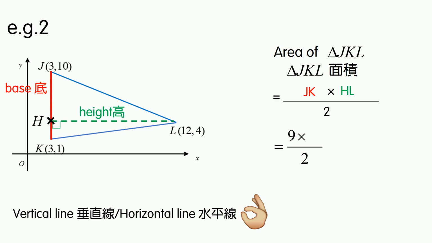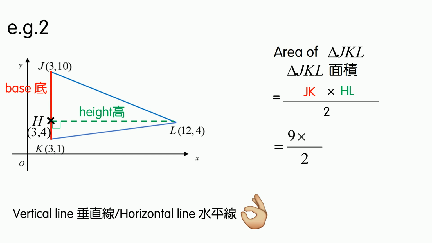But it is difficult to find the distance of HL because we don't have the coordinates of H. That's why you have to find it first. Luckily, H lies on the same vertical line as JK. That's why they have the same x coordinates. And H lies on the same horizontal line as L. That's why they have the same y coordinates. So with this data, we know that H is 3, 4.